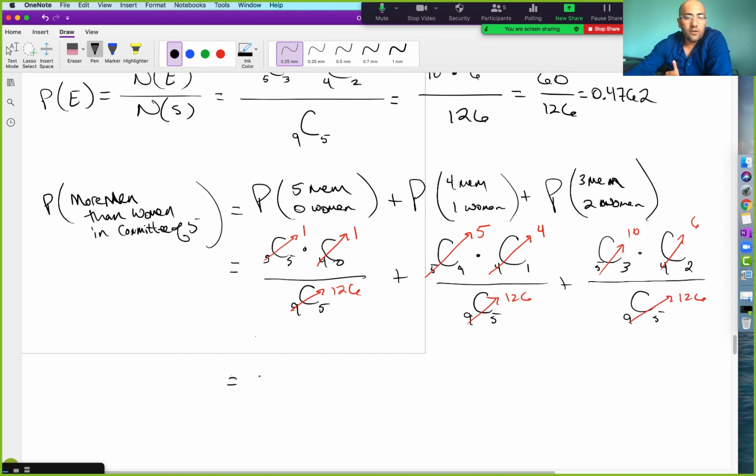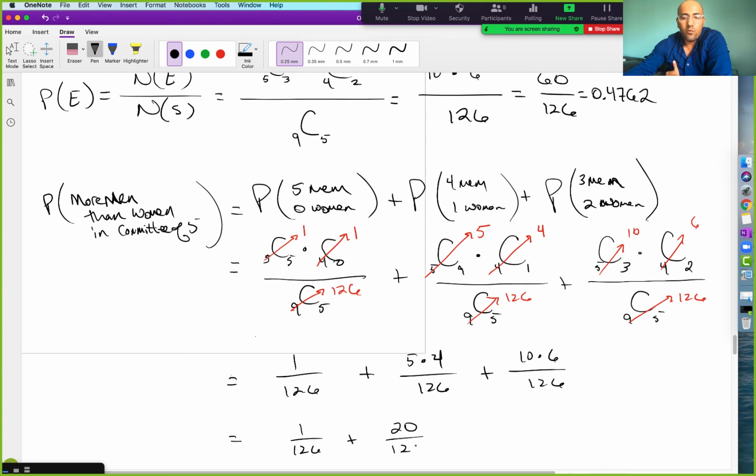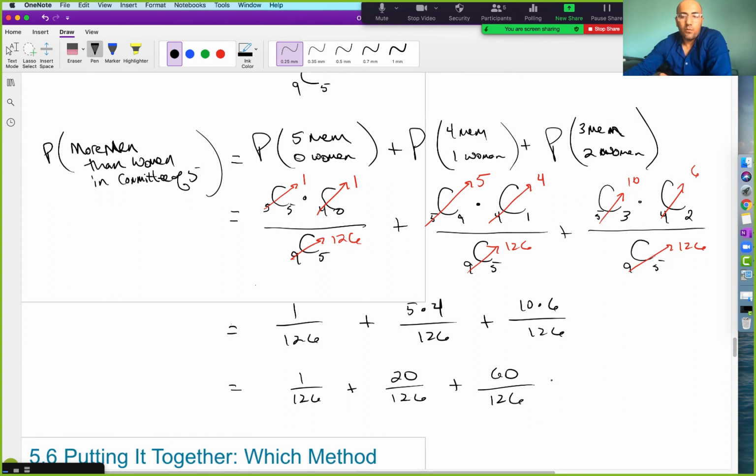But then all of this results in 1 out of 126 plus 5 times 4 out of 126 plus 10 times 6 out of 126, which gives you 1 over 126 plus 20 over 126 plus 60 over 126, which turns into 81 over 126, which gives you 81 divided by 126, 0.6429, or about 64.29%.